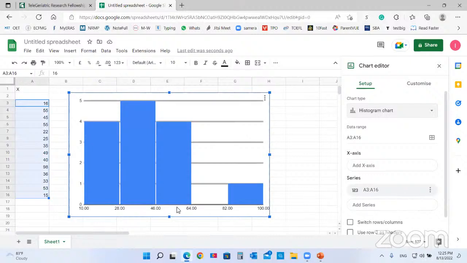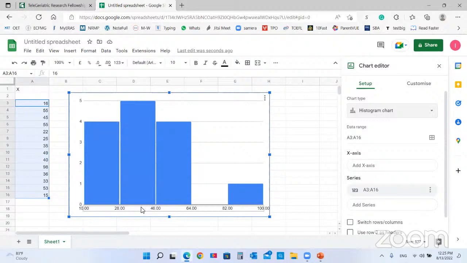You see, this is our X value, and the range chosen by the computer is from 10 to 28, which is around 18, right? And we said 20, so it's fine, no problem. Just by looking, I could know that the highest frequency of data is 4, between 28 and 40.